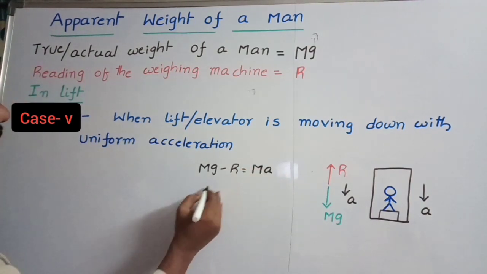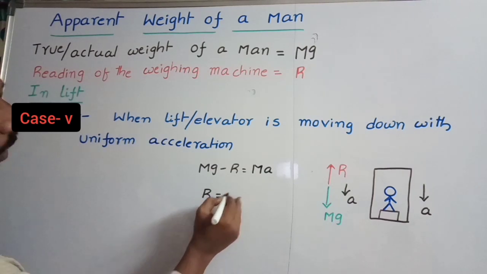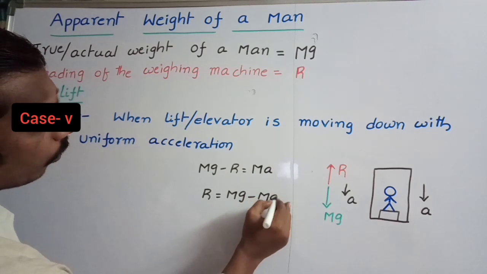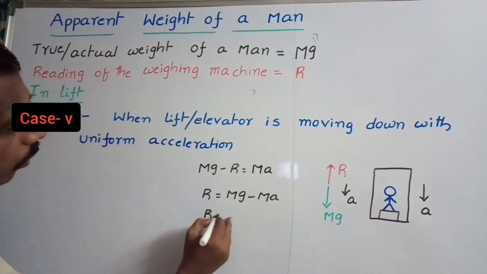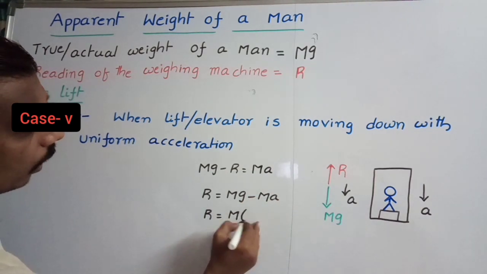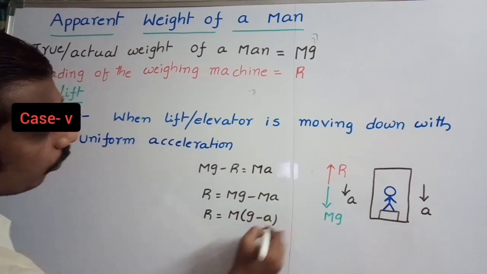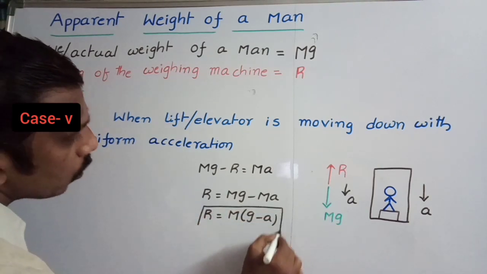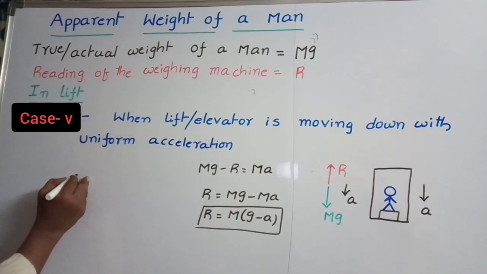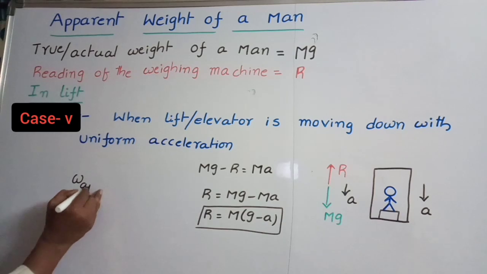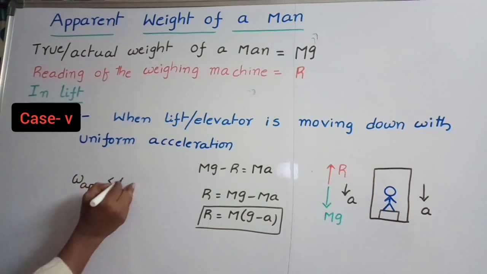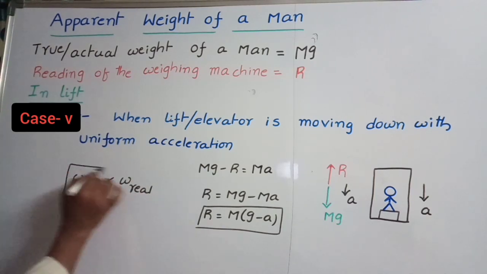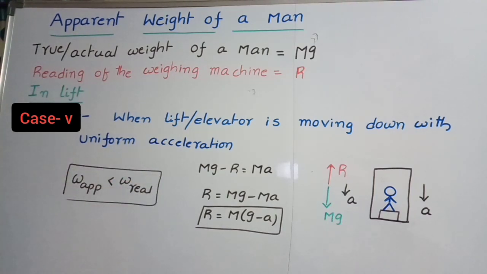From this, R is equal to mg minus ma, which we can write as R is equal to m into (g minus a). If you observe here, from the real weight we are subtracting this ma term. So in this case, the apparent weight W apparent is less than W real. He feels lighter; his weight appears to decrease.